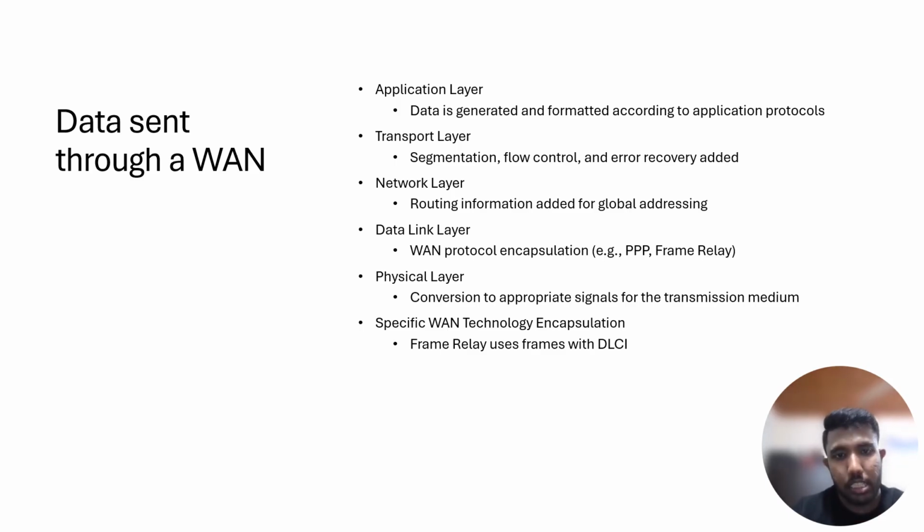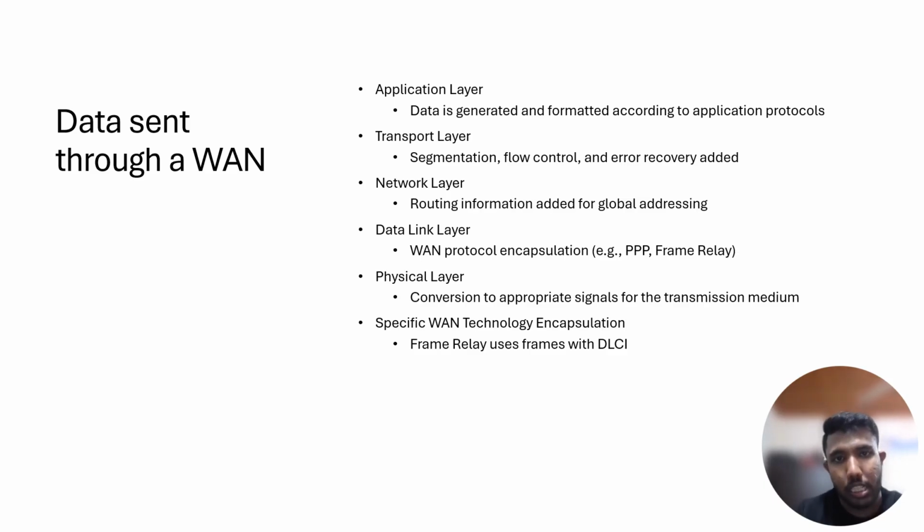In this slide, we'll discuss data sent through a wide area network. Data traversing a wide area network undergoes multiple transformations. The application layer data is generated and formatted, and the transport layer adds segmentation, flow control, and error recovery.